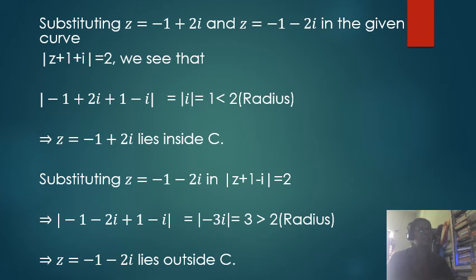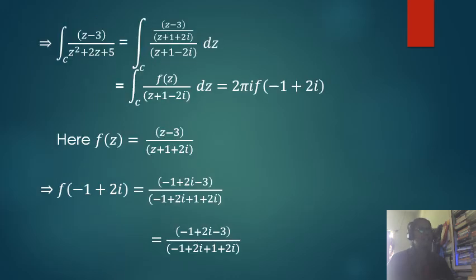So this singular point lies inside the circle. Then substituting z equal to minus 1 minus 2i in modulus of z plus 1 plus i, we get modulus of minus 3i, and that is equal to 3, which is greater than 2. Therefore certainly this point lies outside C.